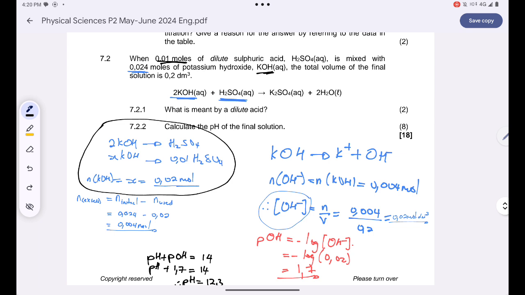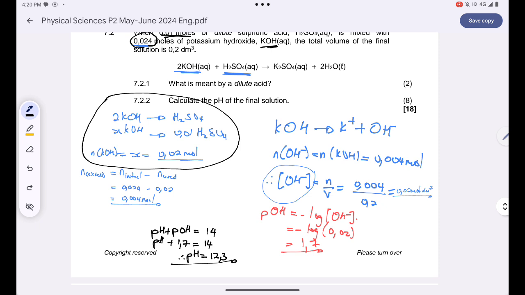Why? Because I need less of what I have to completely neutralize the acid. Are we together? So after establishing that my potassium hydroxide is in excess, that's number one, then second step, I calculated the number of moles in excess of my potassium hydroxide.